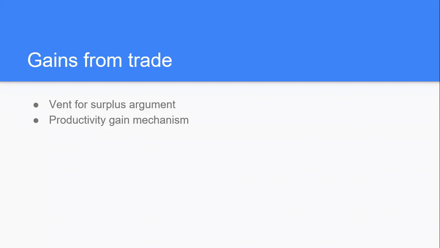Now, we'll talk about the vent for surplus argument. It implies that as trade opens up between two nations, the trading partners are able to exploit and use domestic resources once external markets are assured.